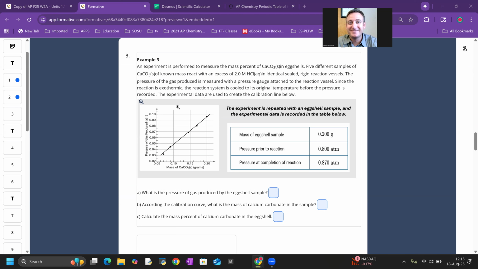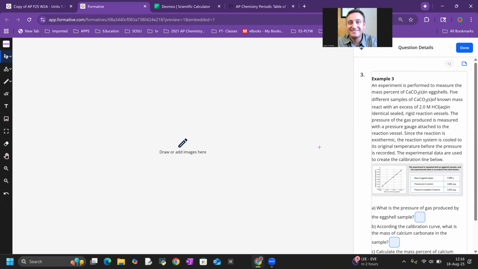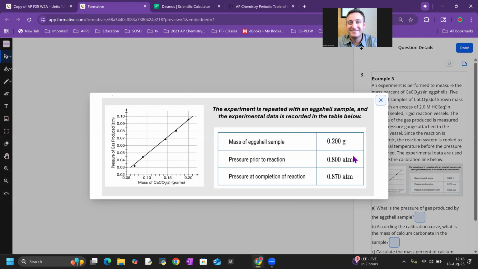So the experimental data are used to create the calibration line below. All right, and so this is creating a calibration line, and we can show you how to use that and determine what we have. So on part A, it says, what is the pressure of gas produced by the eggshell sample? All right, so the eggshell sample shows that we have 0.200 gram.